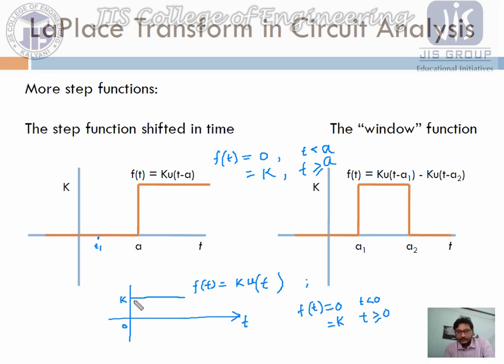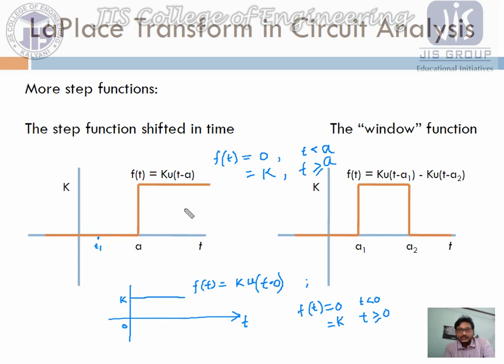Similarly, can we say here, as the signal gets its value k at t equals 0, that we can write it as minus of 0, obviously, no problem at all.